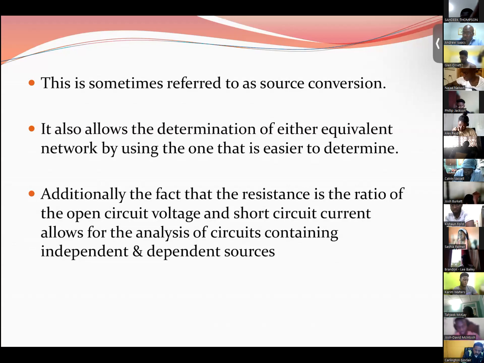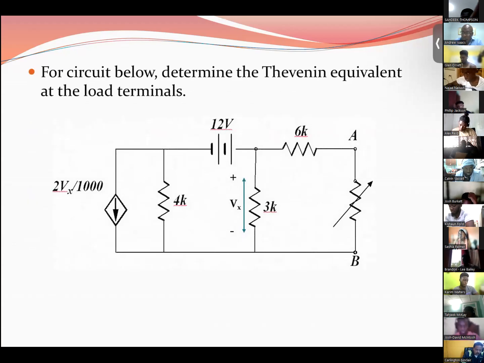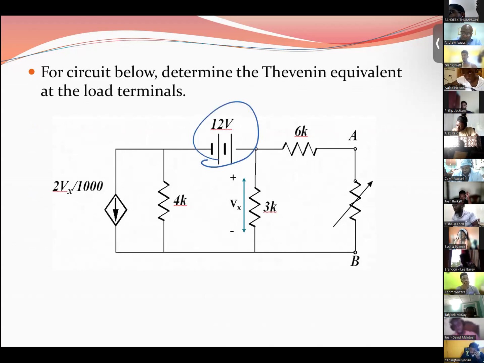Okay, so moving right along. Here we have a circuit that has both an independent voltage source and a dependent current source. All right? So we have our independent voltage source, and here's our dependent current source.